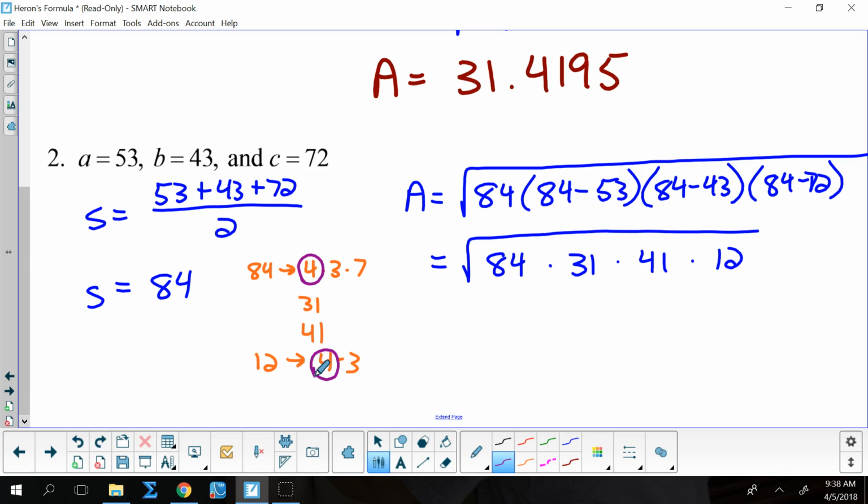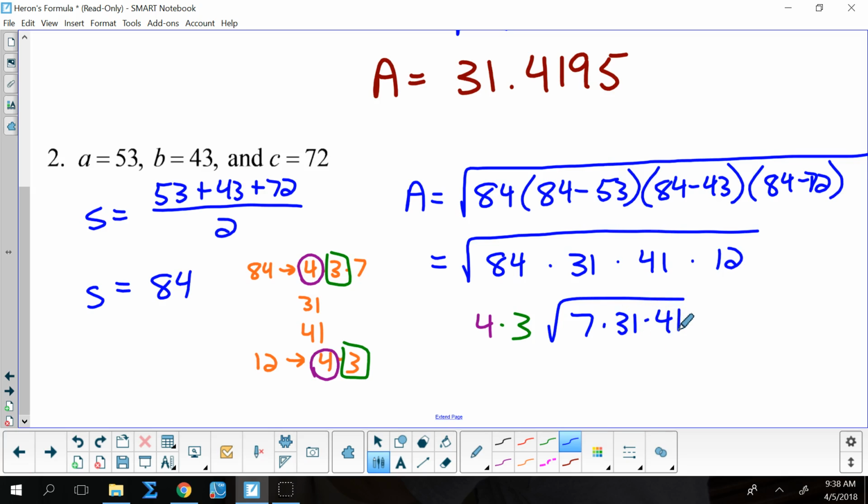So those two together, because we're taking the square root, would be a 4 on the outside, because they're a pair. 3 and 3 would make a pair, and so that would be 3 on the outside. And then that would leave me with 7 times 31 times 41 on the inside.